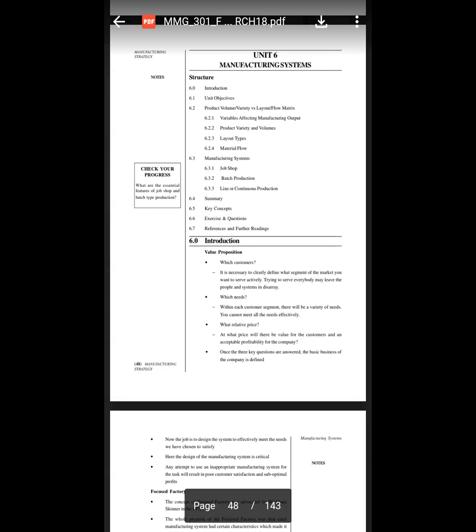Now over here they have given an example of the market condition, the segment of market. If you are selling goods to the medical shop, the toothpaste or the medicines, the products which are available in the medical shop, and you go to a retail shop, you cannot sell your product.